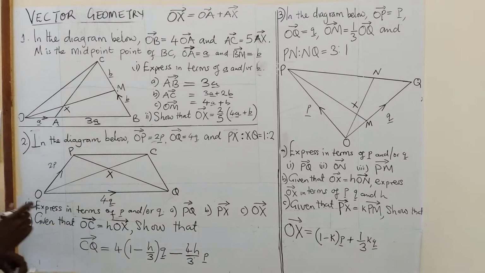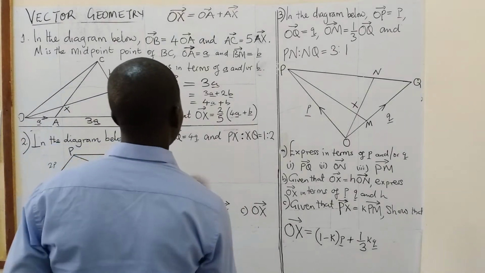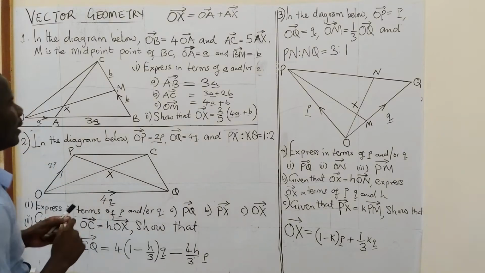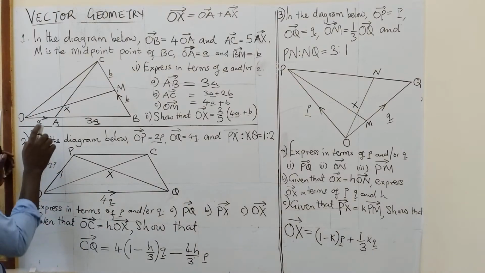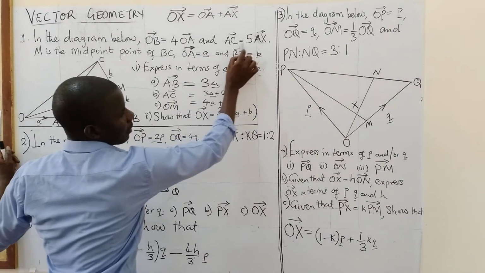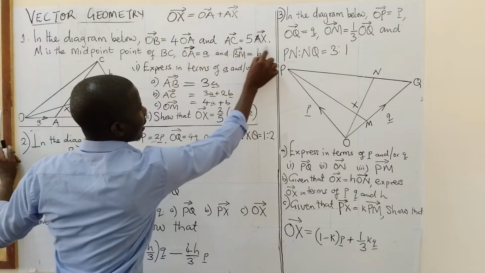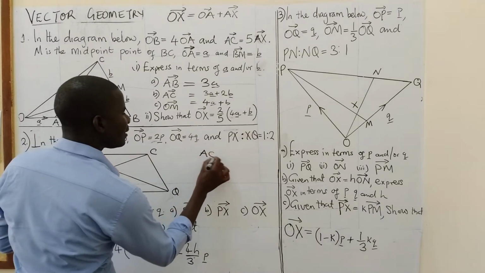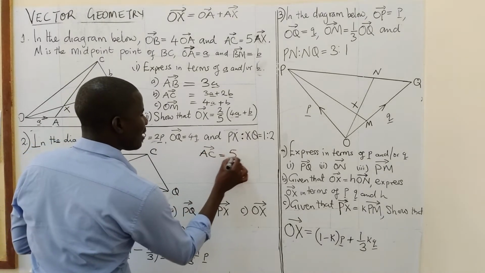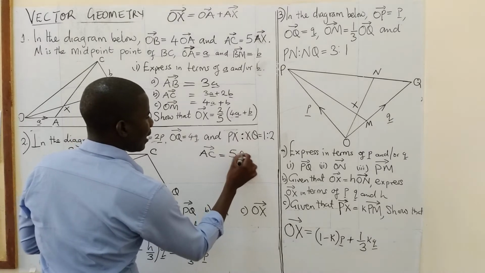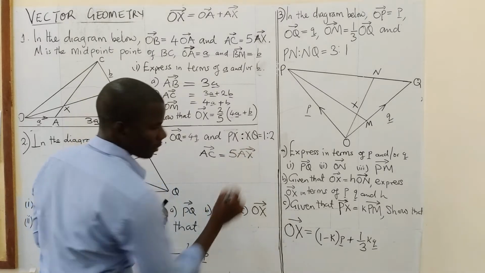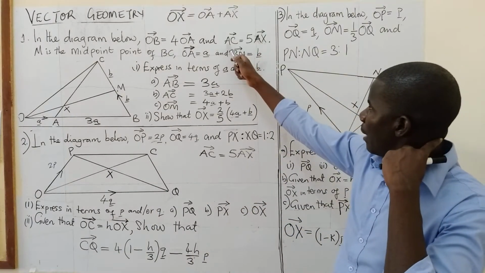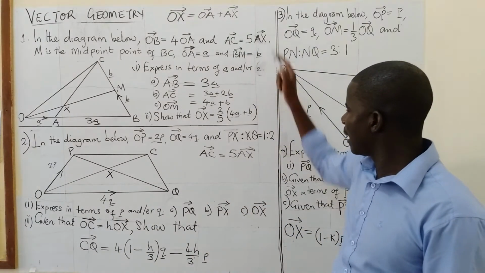That is what we are going to get. Now, take note that we have this expression where we are told that AC is equal to 5AX.